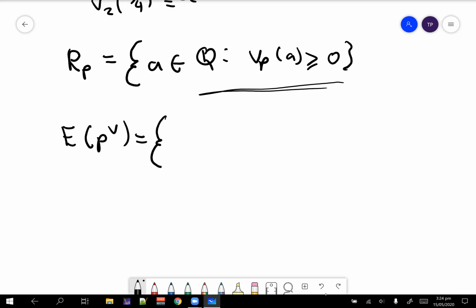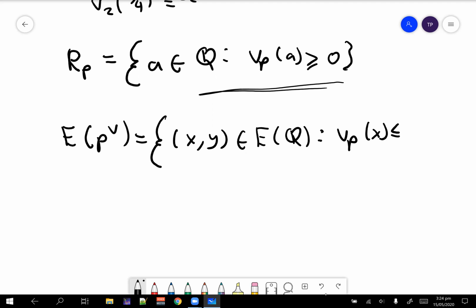And we call this set the points on an elliptic curve E over Q, which we've defined, such that the valuation of the x-coordinate is less than -2v, where v is given in this power, and the valuation of y is less than -3v. And then we also add the point at infinity onto that.